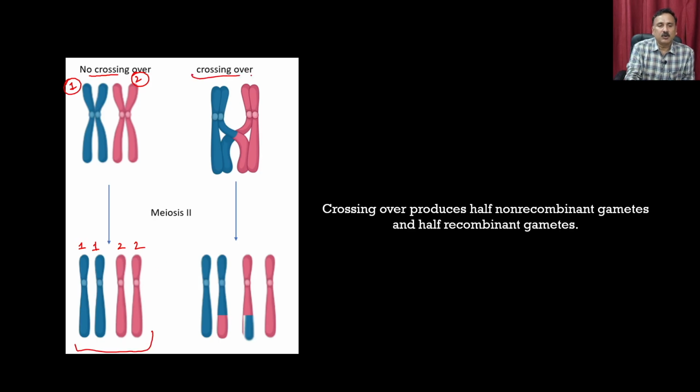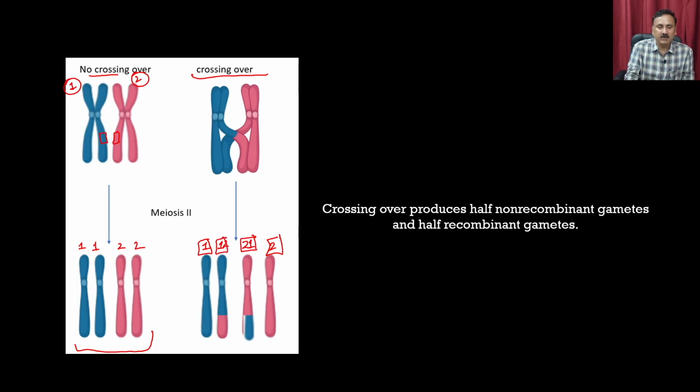Similarly, if there is a crossing over, there will be an exchange of material between these two chromosomes. As a result, it is going to produce one which is pure, and another which is pure, but these two are participating in the crossover. So this is going to be 1, 2, and this is going to be 2, 1, because this one has more portion of 1 and a very small portion of 2.